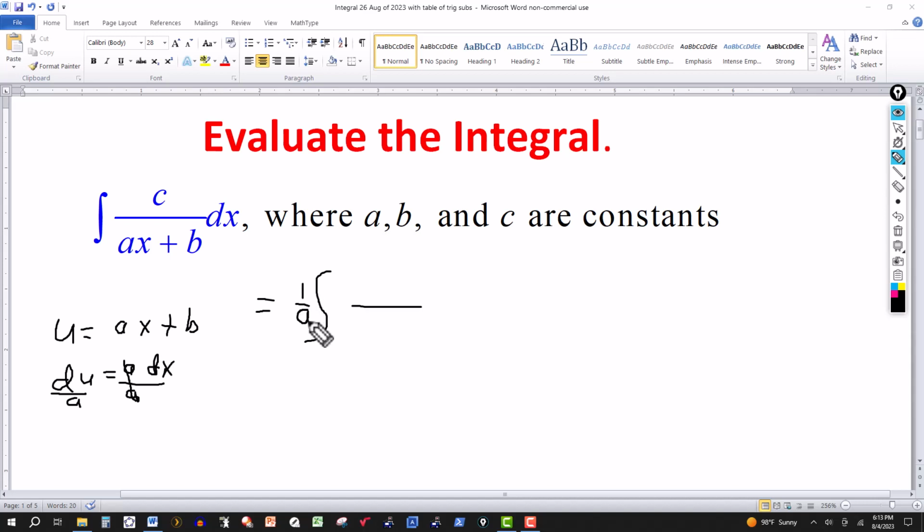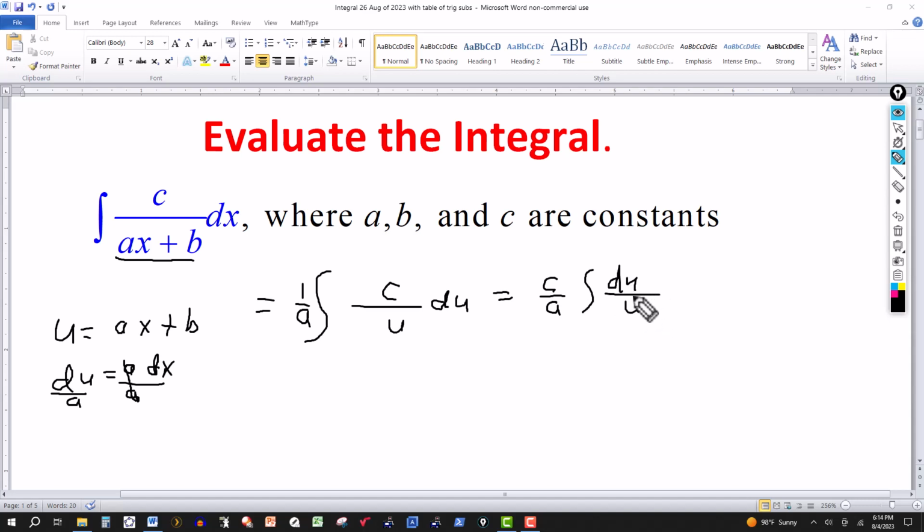A is a constant, so is 1 over a, so I can bring it outside the integral. And then this will stay a c, and this will be du. And the ax plus b, that's your u. Now I could bring the c out in front also, and write this as c over a times the integral of du over u.